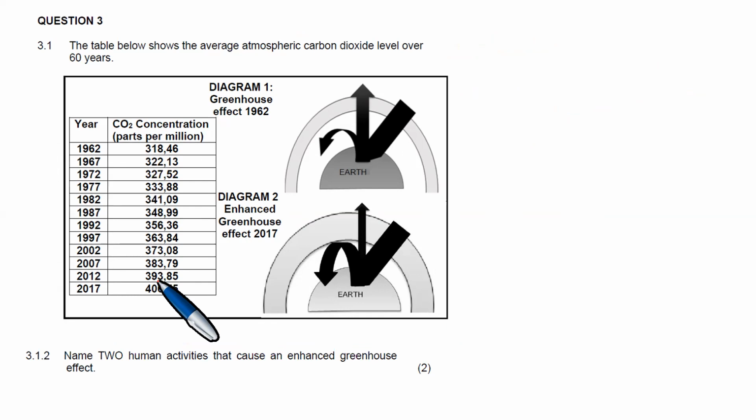In 3.1.2, name 2 human activities that cause an enhanced greenhouse effect. What are they?